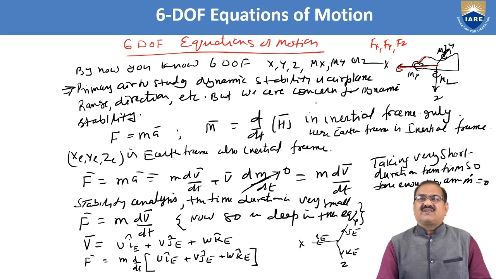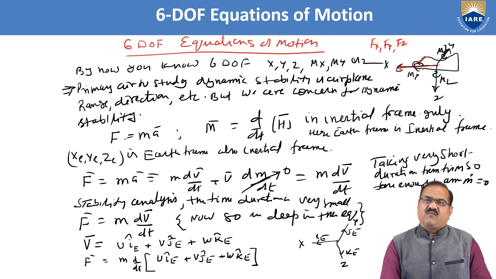But we are concerned here with dynamic stability. Once I say dynamic stability, it means a time factor is involved. So first we are going to understand the equations of motion, and after this, in the next few classes we are going to discuss the dynamic stability of the aircraft.